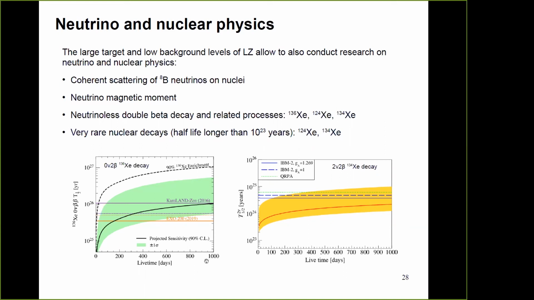We have here on the right the sensitivity for neutrinoless double beta decay of xenon-136. You can see that after a livetime of 1,000 days, we can achieve sensitivity comparable to that of competitors. And on the right, this is for the two-neutrino, so for an allowed process in the standard model, two-neutrino double beta decay of xenon-134. These straight lines are predictions, and this is the expected sensitivity, and we might get there after again 1,000 live days.